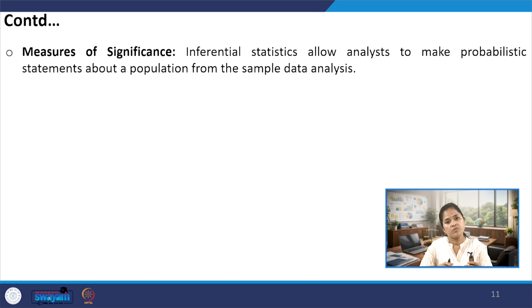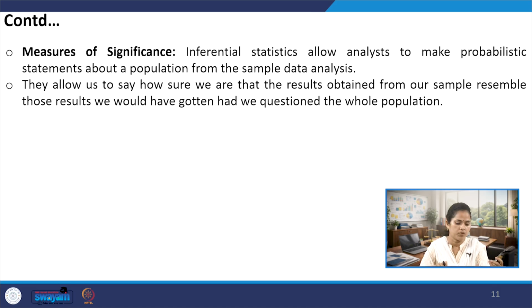So from this sample data set itself, the analyst will be making probabilistic decisions for the population. They allow the policy analyst to say how sure we are that the results obtained from the sample will resemble the results we would have gotten had we questioned the whole population. That is what is known as the measures of significance.